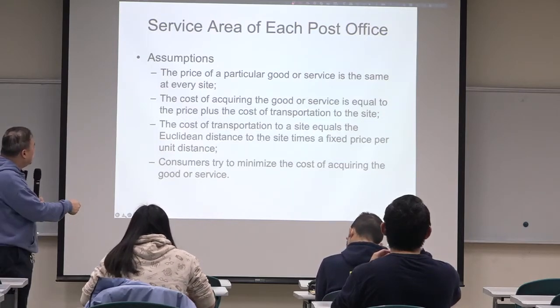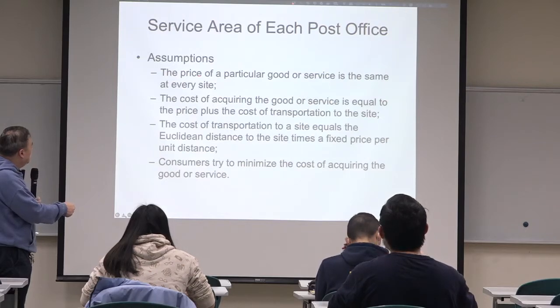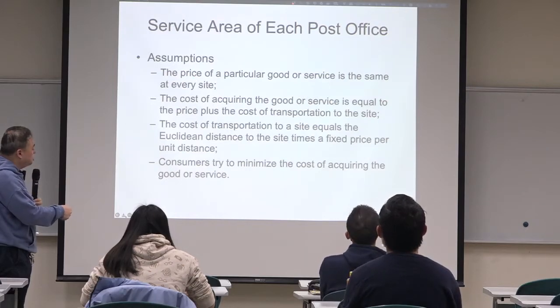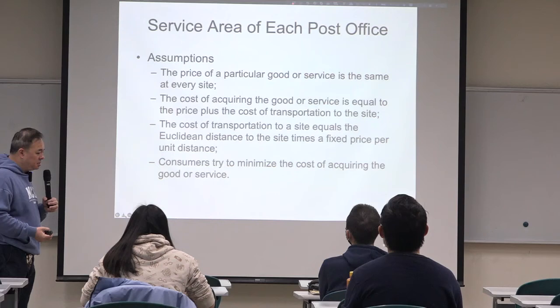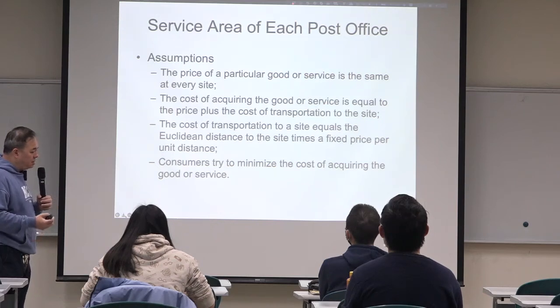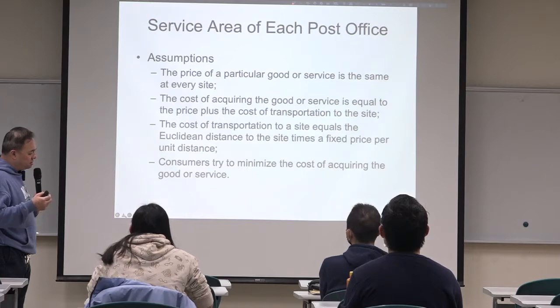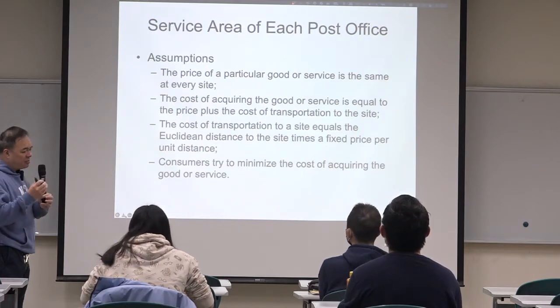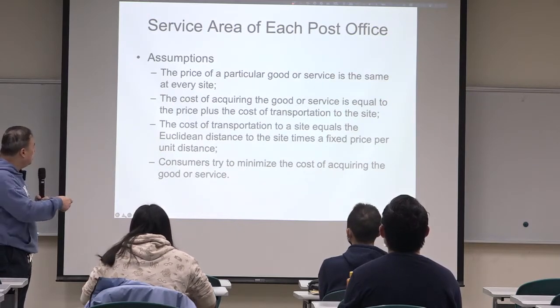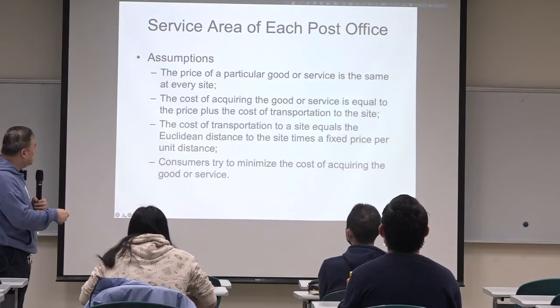When I say site, in this chapter I'm referring to a post office, or at the beginning of the semester, the public phone. We call such a location that provides service a site.